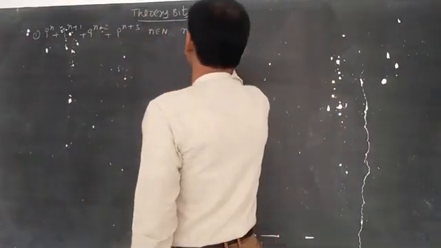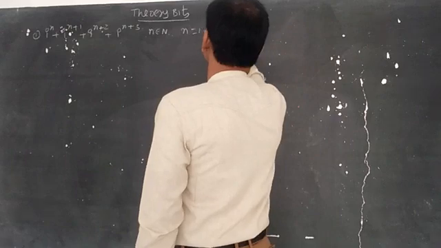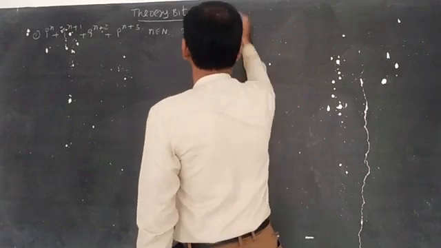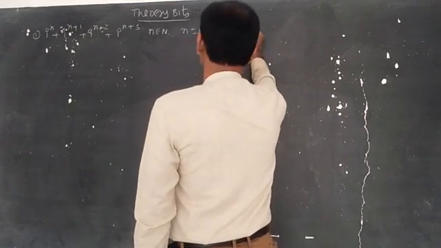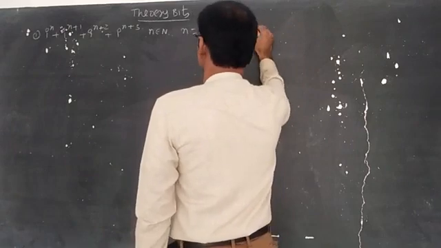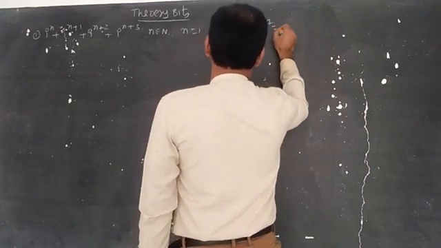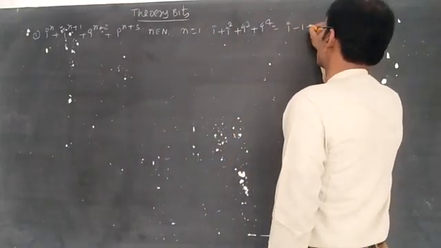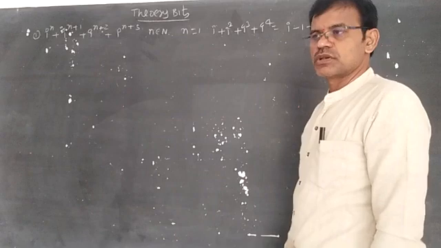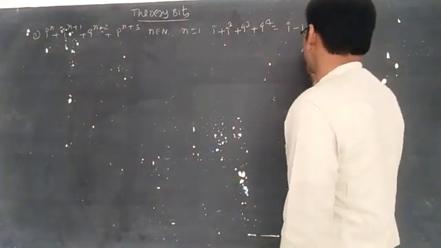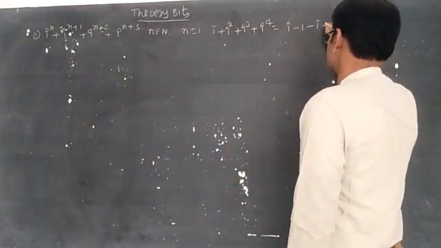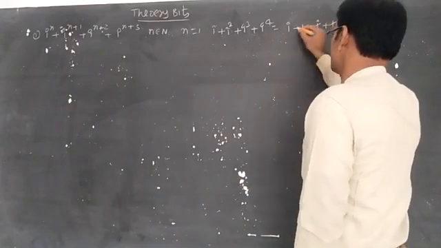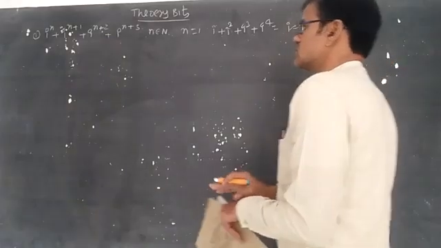It becomes i plus i square plus i cube plus i power 4. The i square value is minus 1, i cube means i square into i, so minus 1 into i, which is minus i, and i power 4 is 1. 1 minus 1 cancel, i minus i cancel, the answer is 0.